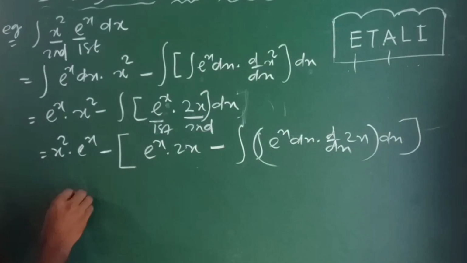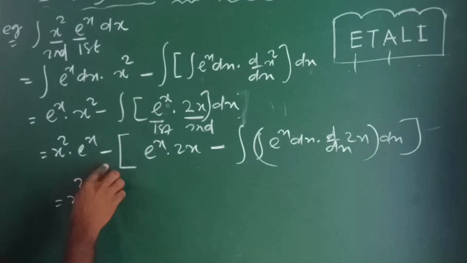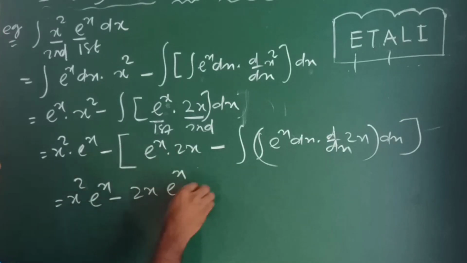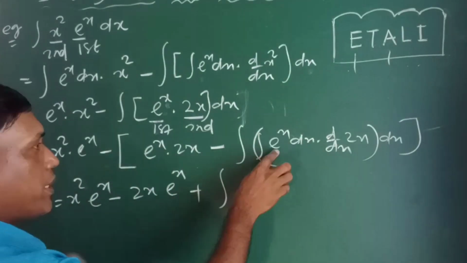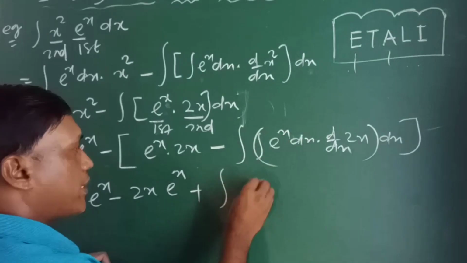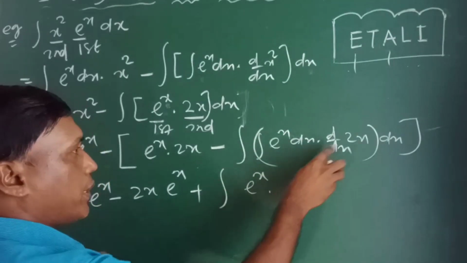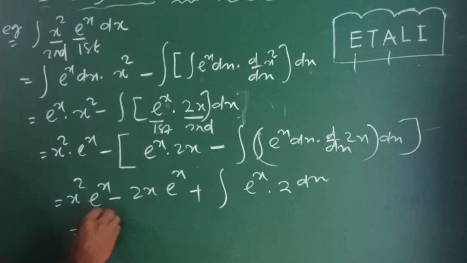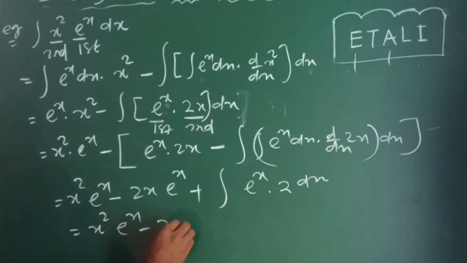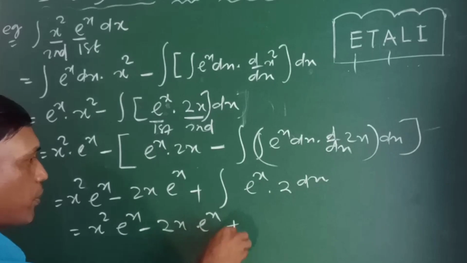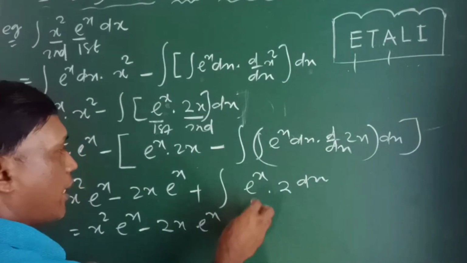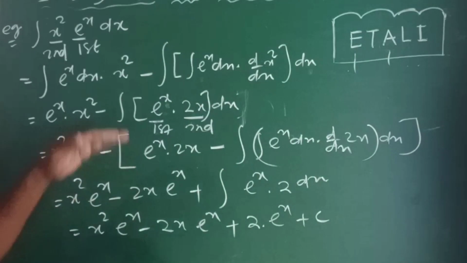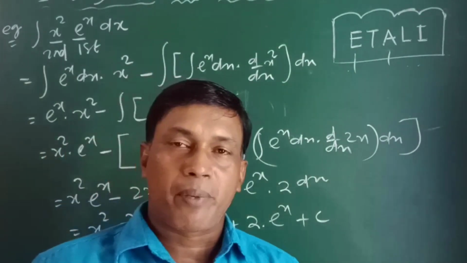So here we get x square into e to the power x minus 2x into e to the power x, and minus into minus is plus, the integration of e to the power x is e to the power x, into 2, which is a constant. This is x square into e to the power x minus 2x into e to the power x plus 2 e to the power x plus c.